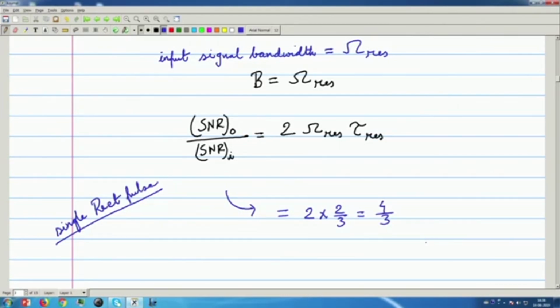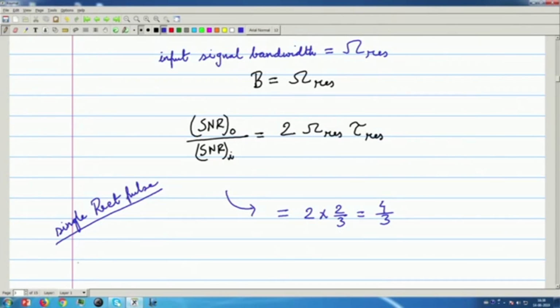So, you see that this product, gamma resolution into tau resolution, has an implication: it gives the SNR gain. How much SNR gain can I get maximum if I use a single rectangular pulse? 4 by 3.